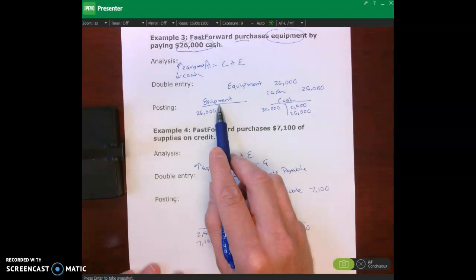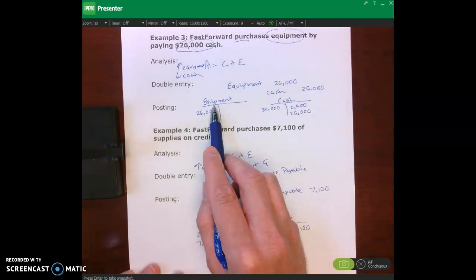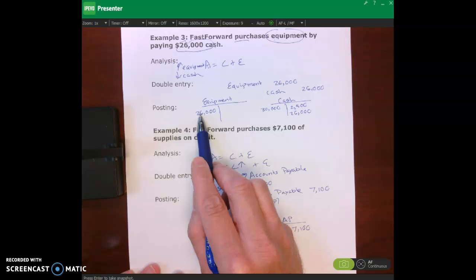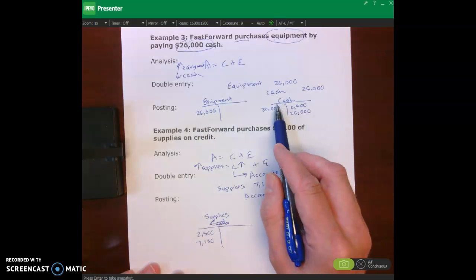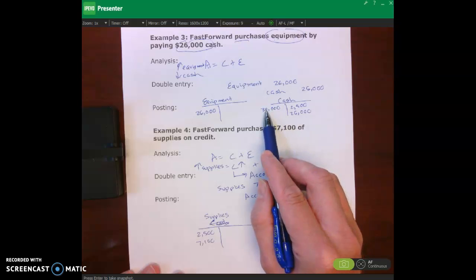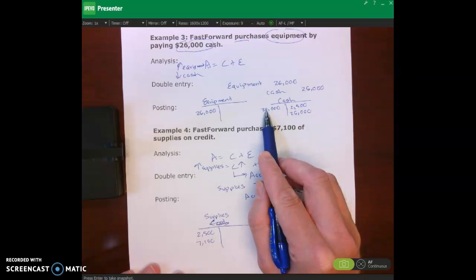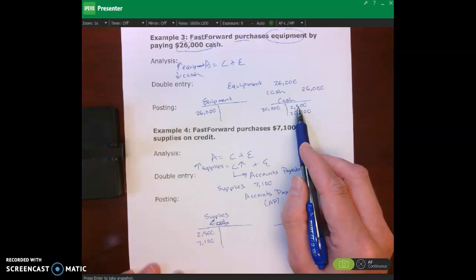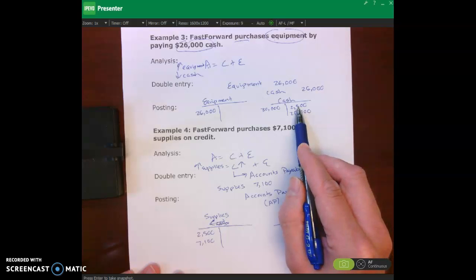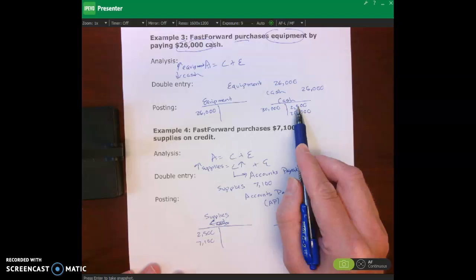And then I can show that in terms of my T accounts. I have my equipment T account. The left side is the debit side, so I got $26,000 there. And then with my cash, I still have my $30,000 on my debit side from example 1. Credit to cash for $2,500, which was the supplies that we bought in example 2.